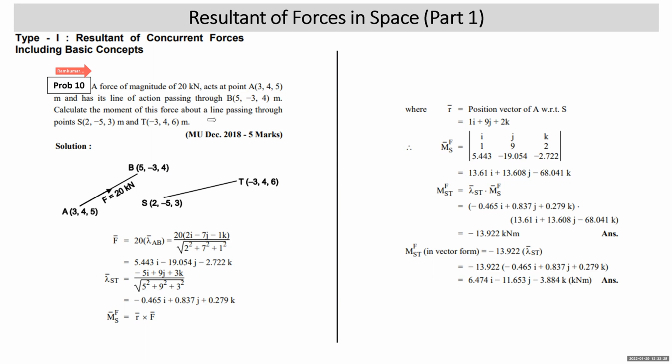Calculate the moment of this force about the line passing through points S and T. S and T coordinates are also given. So students, we understood in the beginning of the lecture how to find the moment of a force about a line.